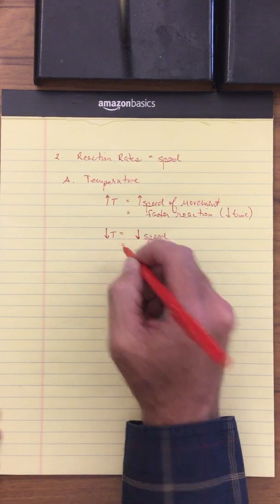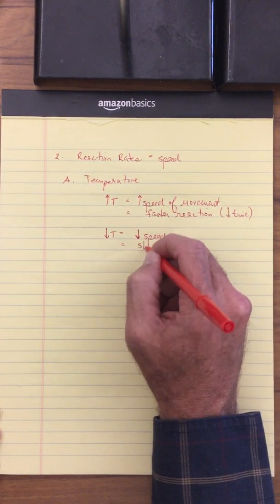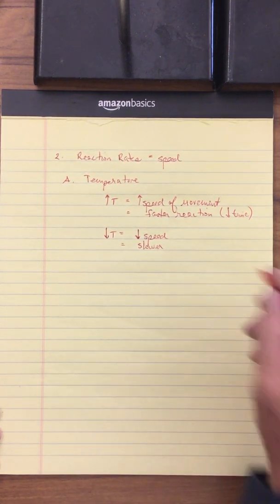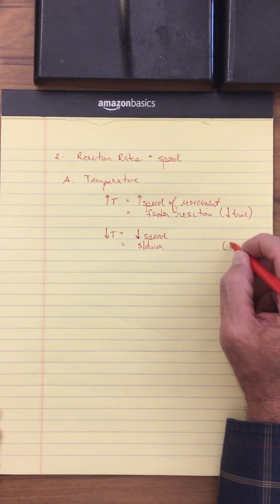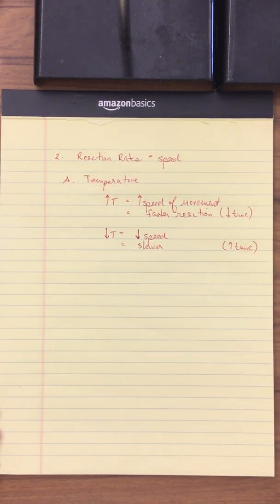That means my reactions are going to be slower. My reactions are slower, it's going to take longer for them to take place. We're going to increase the amount of time. So that is with reference to temperature.